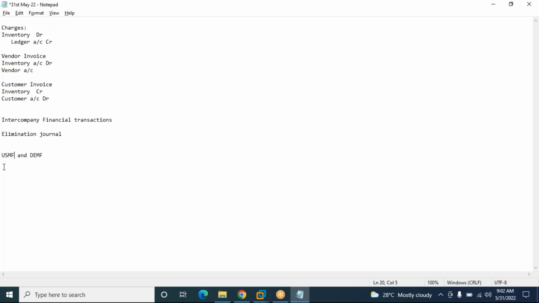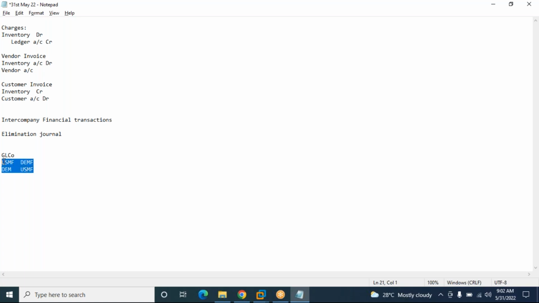So from one company to another company, if you are combining, this is now the consolidation company GLCO. In this GLCO, from USMF to DMF, what is the balance? From DMF to USMF, what is the balance? It is meaningless. Agree?